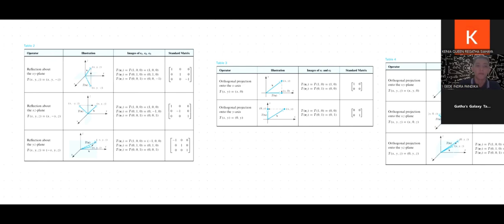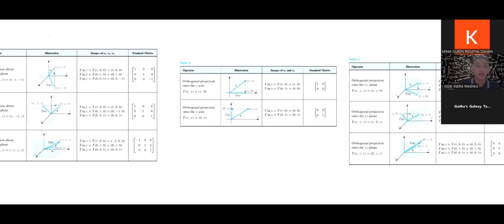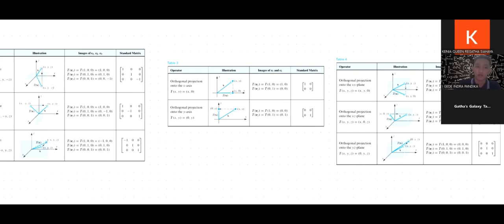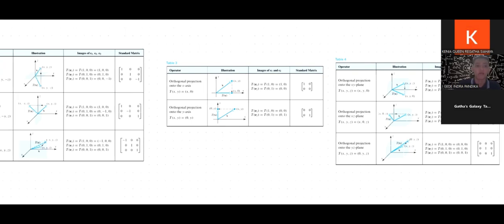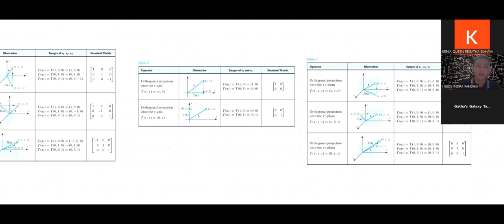We change E2 from (0, 1, 0) to (0, -1, 0), and the standard matrix is [1 0 0; 0 -1 0; 0 0 1].